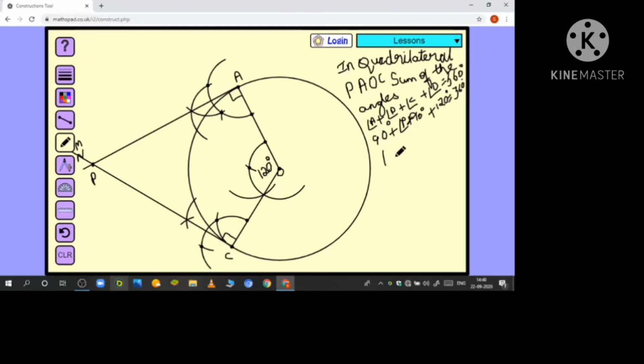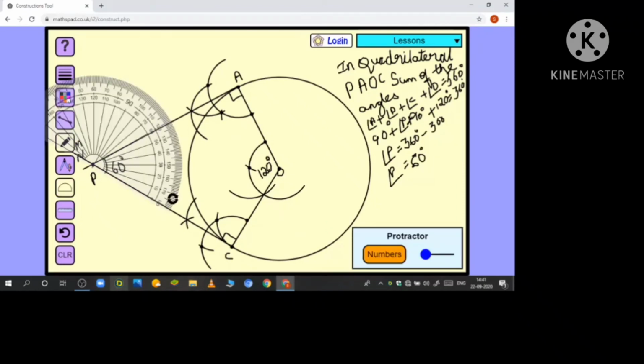To find the value of P, angle P is equal to 360 degrees minus 300, because 90 plus 90 plus 120 gives you 300. So 360 minus 300, therefore angle P is equal to 60 degrees.